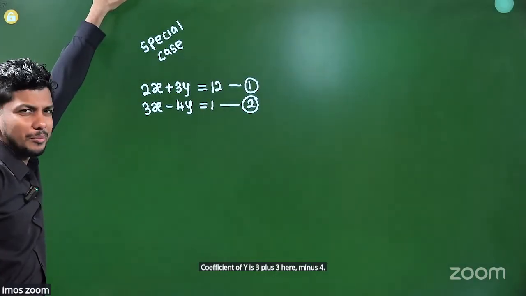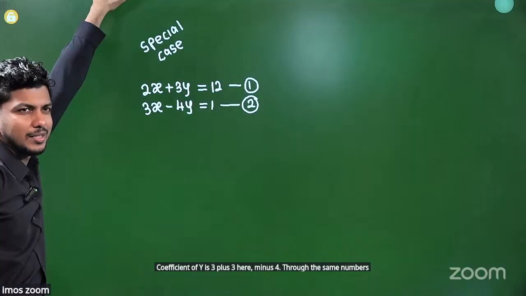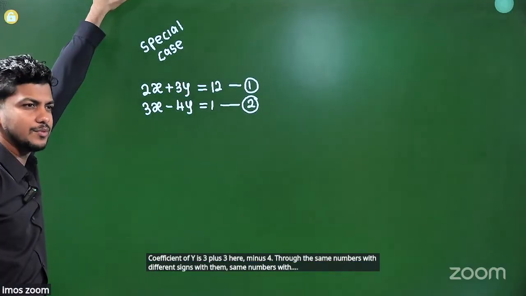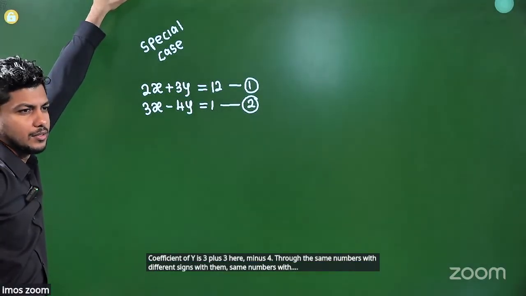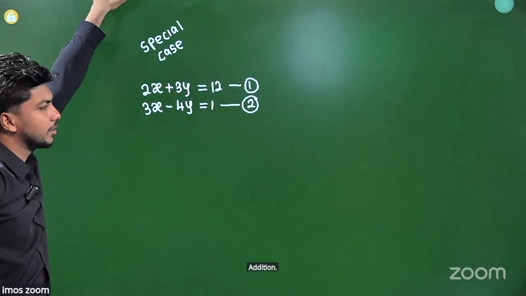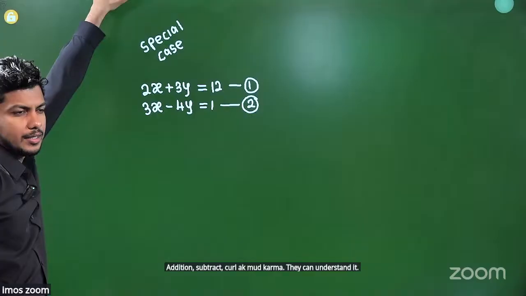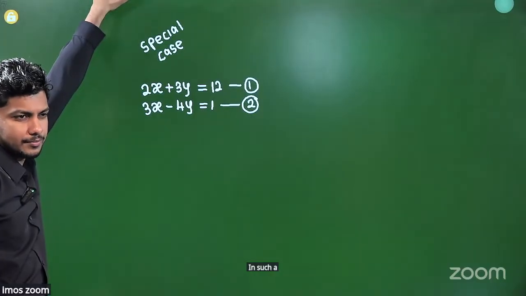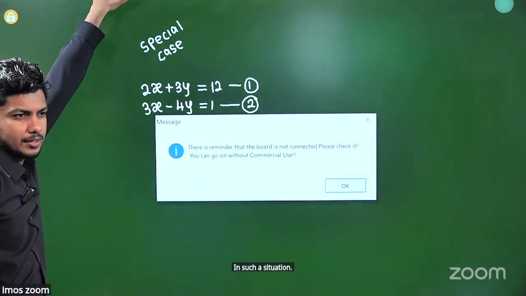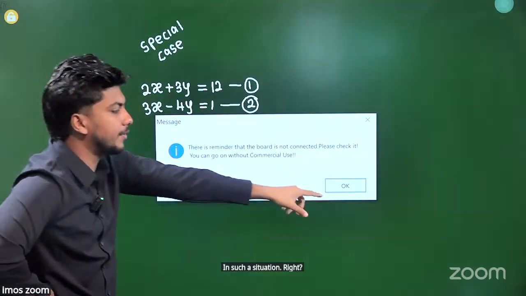The same numbers with different signs call for addition, the same numbers with the same signs call for subtraction. In such a situation, there are two ways that we can do that.